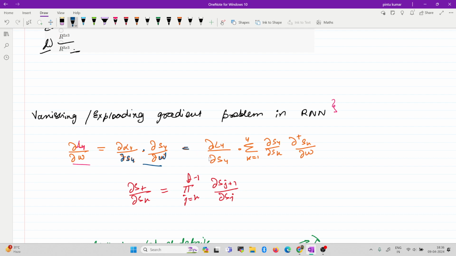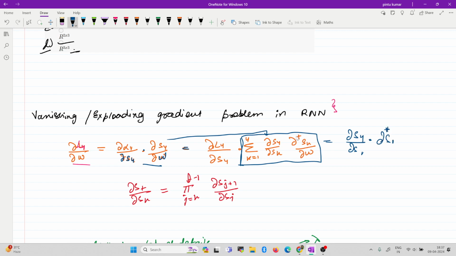Now the second part over here, this S4: if you go through the lecture, you will see that it can be calculated as this term, a summation from k equal to 1 to 4. So you can write this as del S4 by del S1 into del S1 by del W, where the del S1 by del W is explicit.